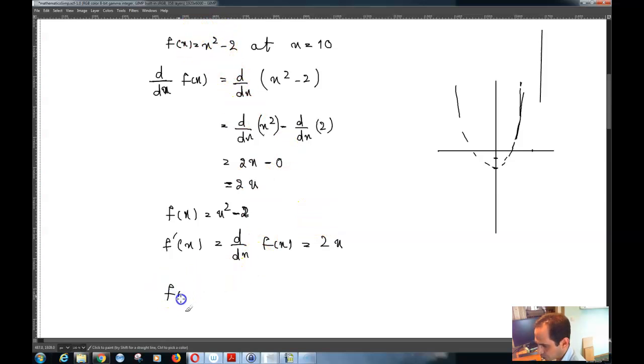If your function was f of x is equal to x squared, your derivative f prime of x would still be 2x. So it seems that it doesn't make any difference whether your function is shifted up or down, the derivative remains the same.